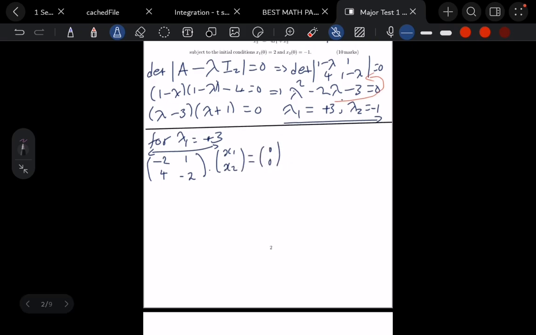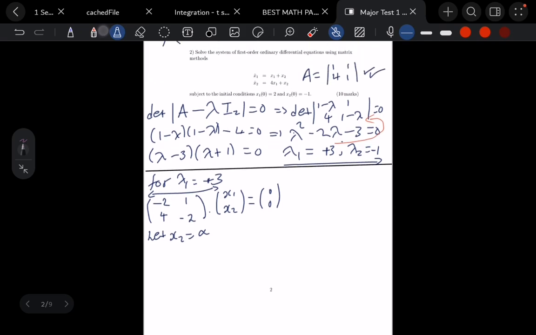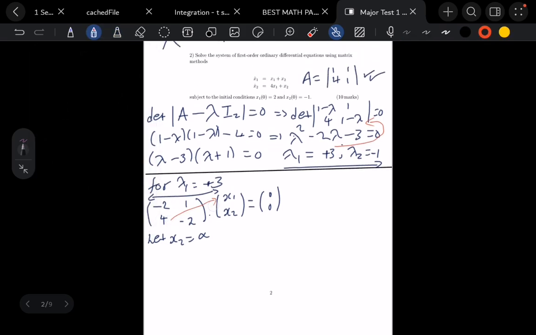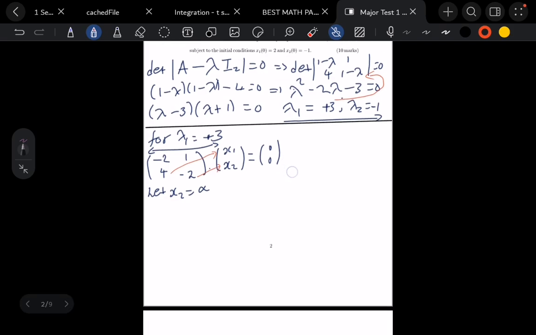Now here we are going to say let x2 be alpha. If x2 equals alpha, you take this 4 and multiply it there.